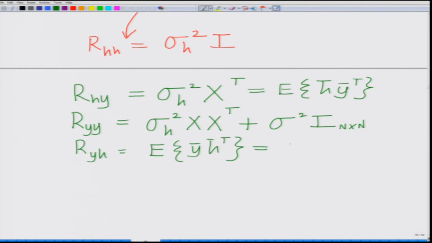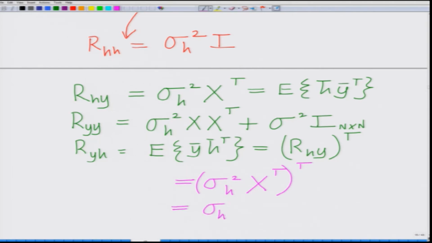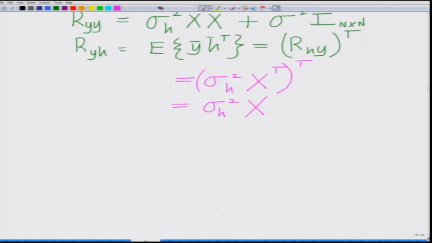So this is RHY transpose, and indeed this is equal to sigma h square X transpose transpose, which is sigma h square X, since sigma h square is a scalar, where X is, remember, your n cross M pilot matrix.